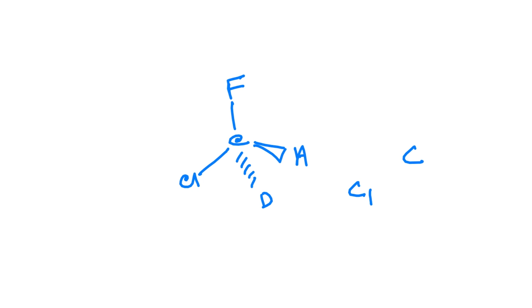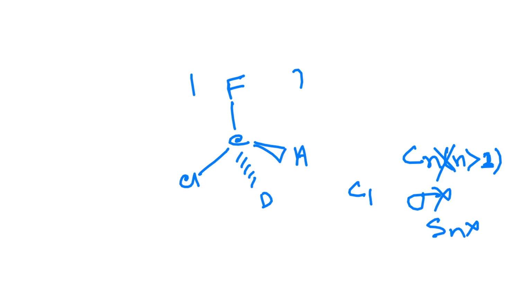There is no Cn where n is greater than 1. There is no sigma. There is no Sn, right? This kind of molecules, they are called disymmetric.